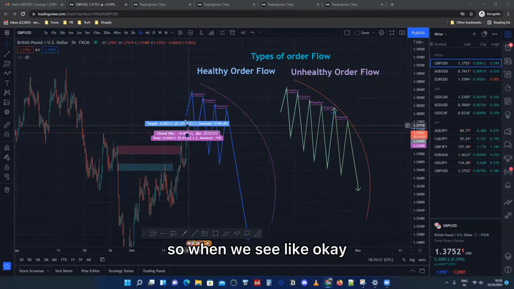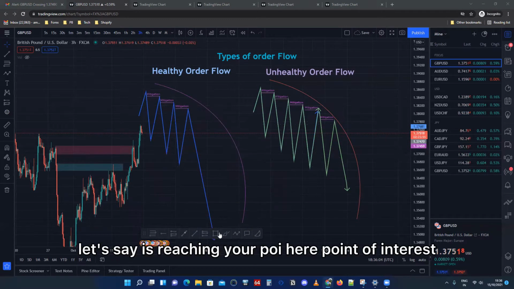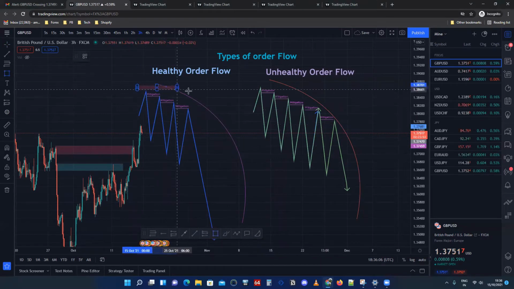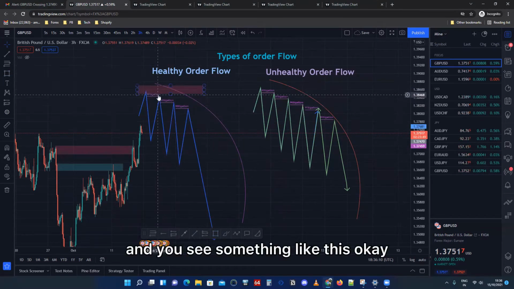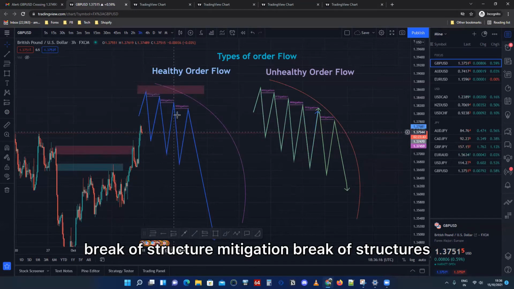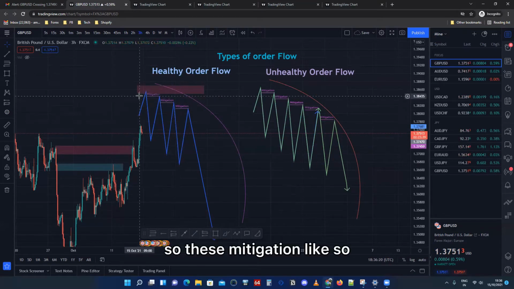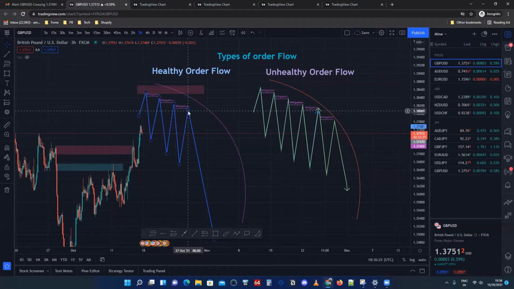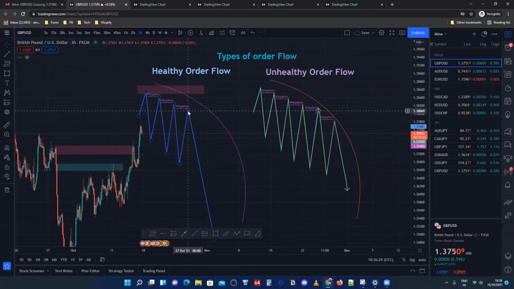So let's say price is reaching your POI here, point of interest, and you see something like this: one break of structure, mitigation, break of structure, mitigation, break of structure. In terms of healthy order flow, there should not be too many mitigations.